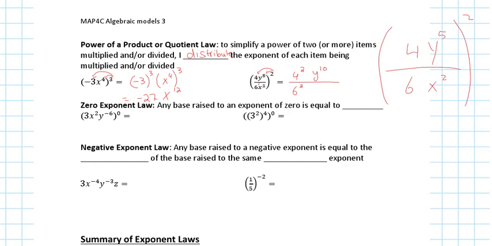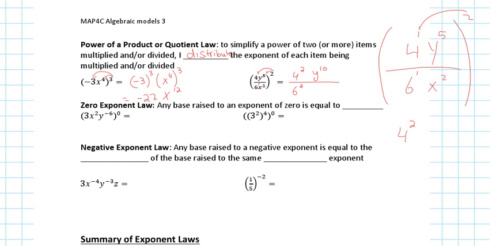What's your exponent on the 4? 1, right? When I'm bringing the power to the power, I'm going to have to multiply my exponent. So 2 times 1 gives me 2. So that's going to be 4 to the power of 2.